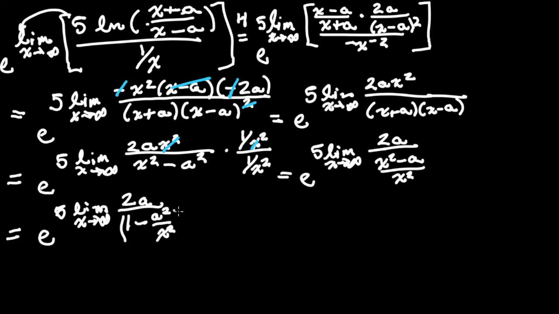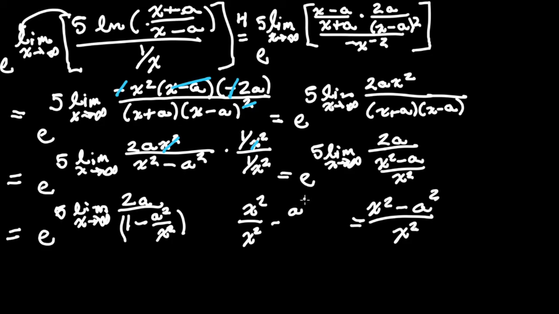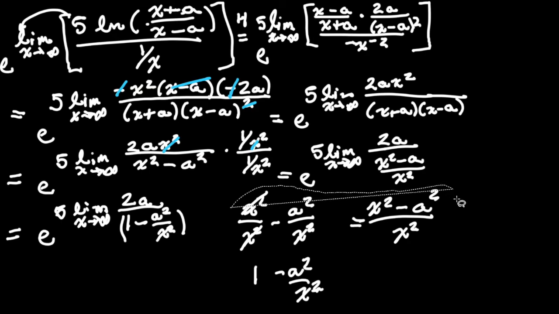And the reason that we can do that, of course, is because this fraction here, x squared minus a squared over x squared, can also be written as x squared over x squared minus a squared over x squared. And so if we simplify that, these will cancel, giving us just 1 minus a squared over x squared. And I will just clean that up a little bit.